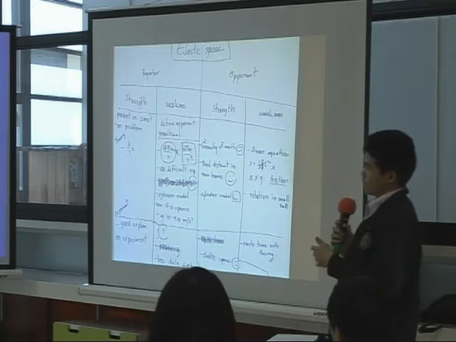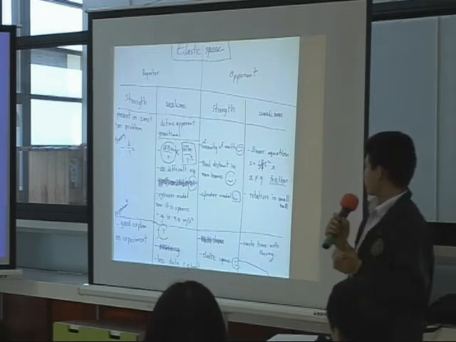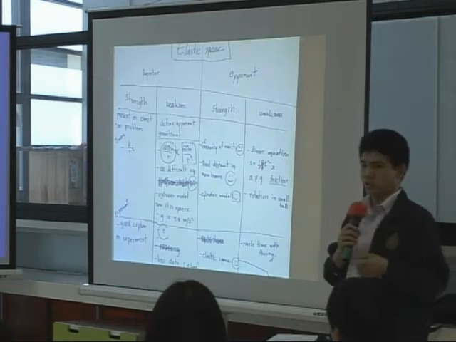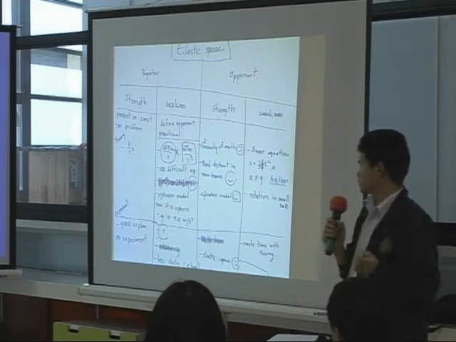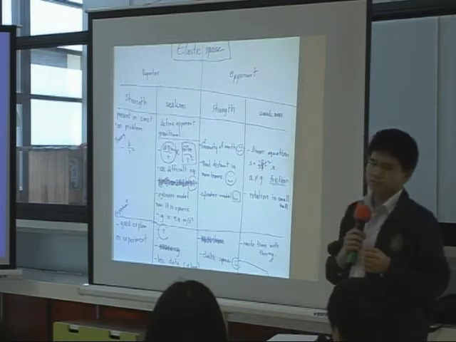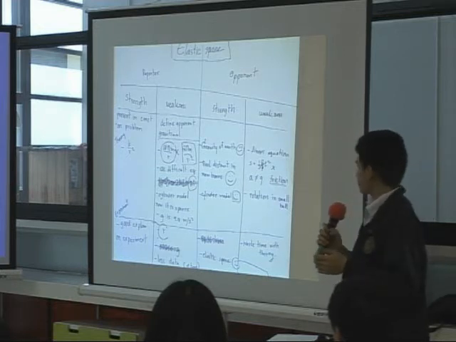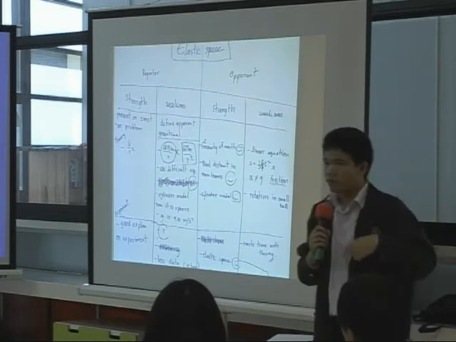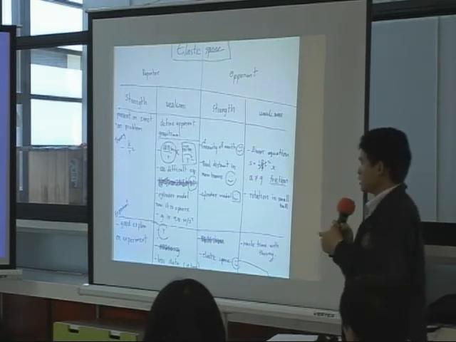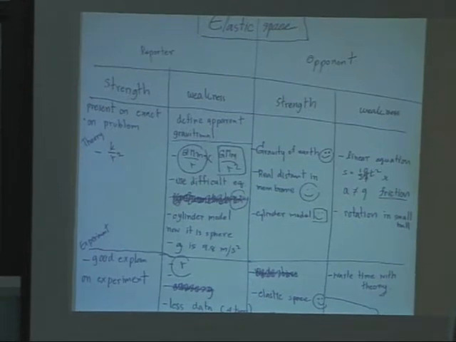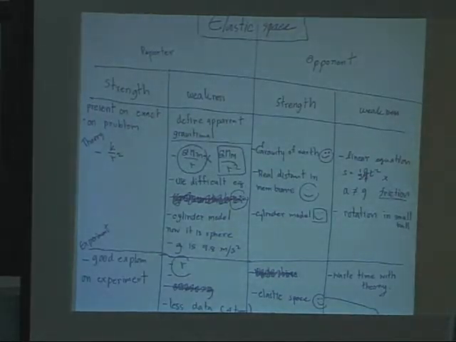In the last slide, she used a PDF file and showed the cylinder equation, and I think it is a difficult equation to understand. And the cylinder equation for an elastic space, when she used a sphere, does not make sense.